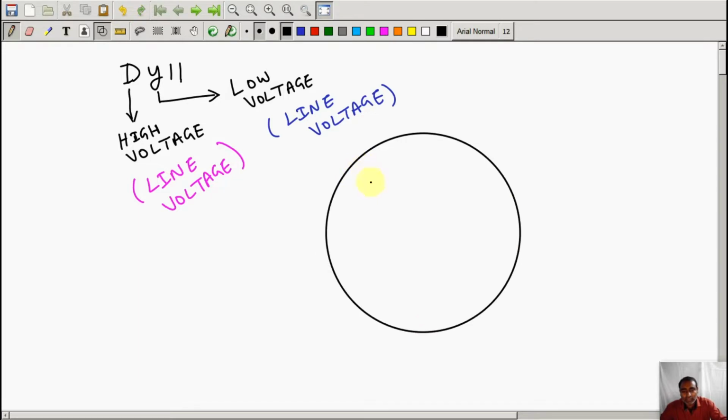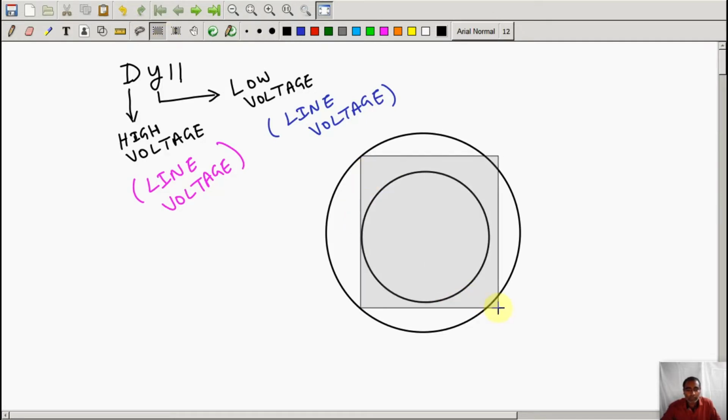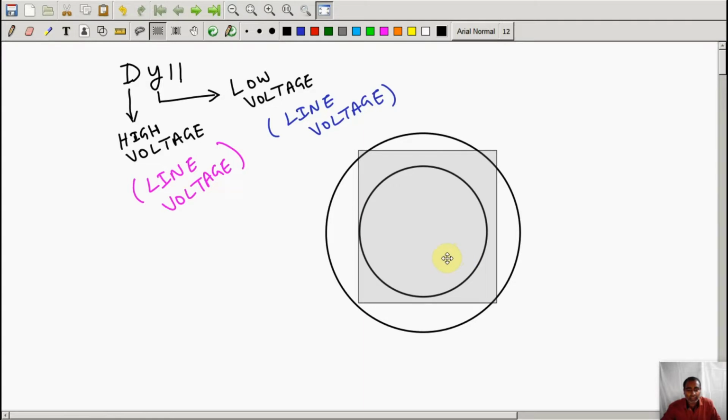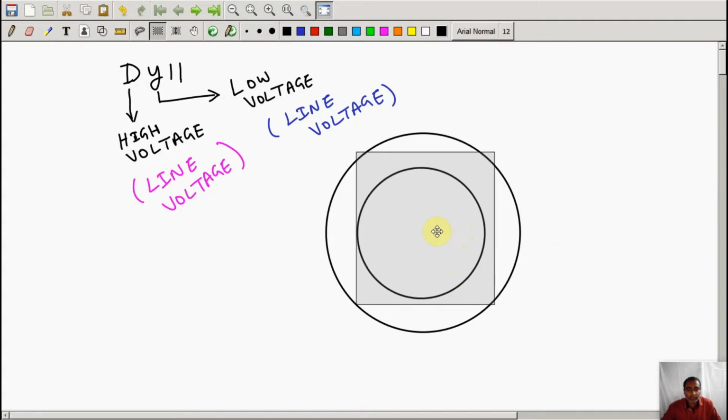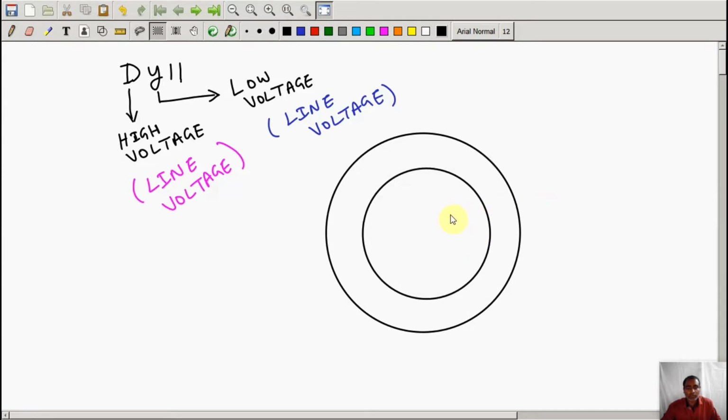So when we are saying the time is 11 o'clock, let me draw a clock so that we can relate it in a better way. Let's say this is your clock.